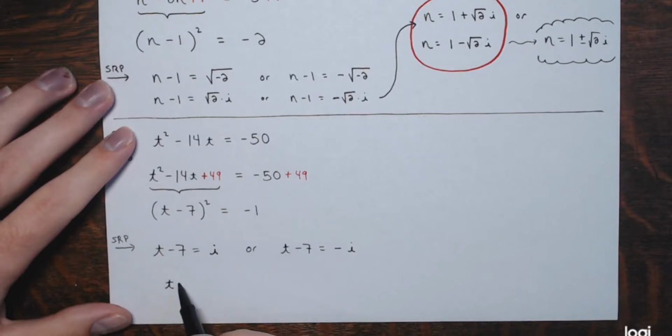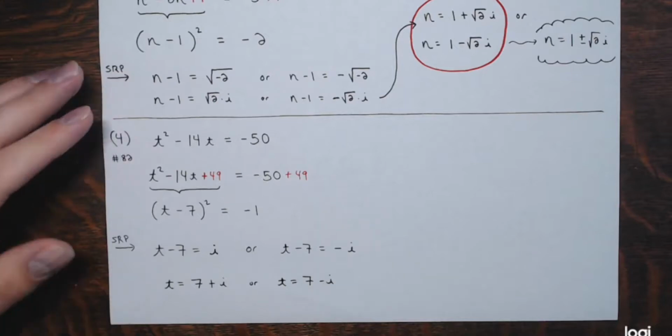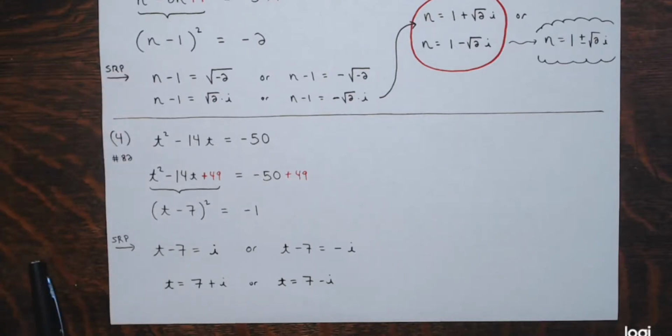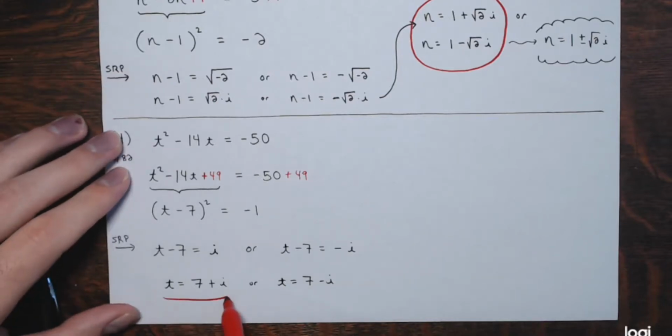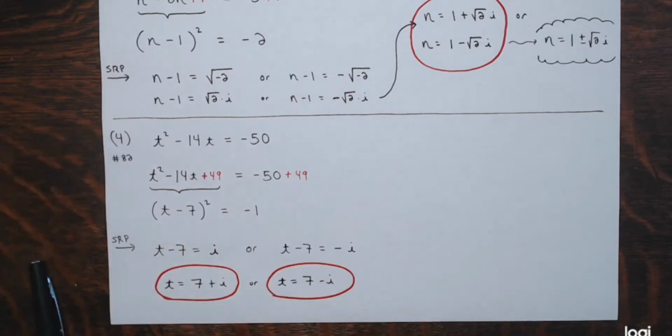So t equals 7 plus i, or t equals 7 minus i. And I leave it to you to check, but they should work if you're doing everything correctly. 7 plus i and 7 minus i. Or you could write 7 plus or minus i if you want to condense it a bit. Great, easy enough.